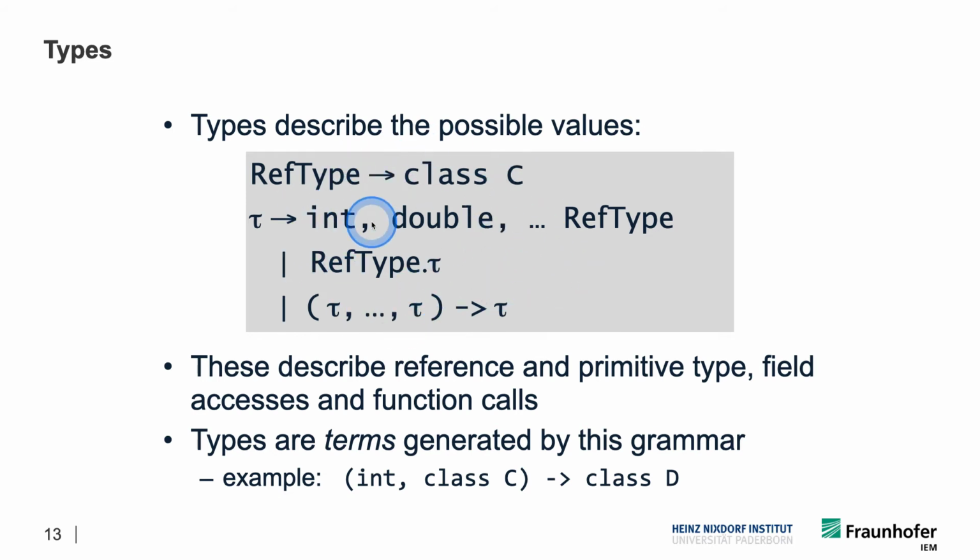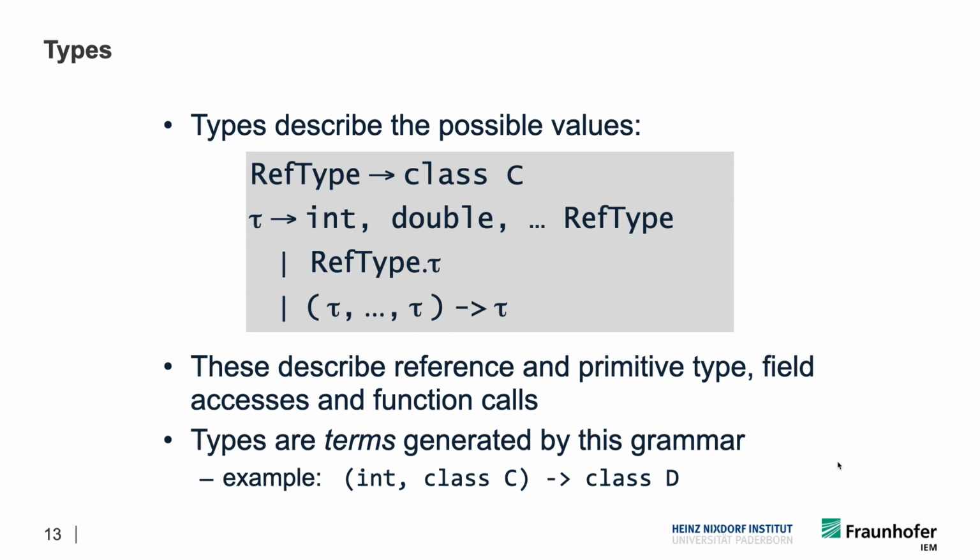So that's essentially a context-free grammar, and out of this you can generate appropriate terms, and these terms then denote concrete types. So this would be one particular example instance here, right? So we have this function type down here, and it has been instantiated with this tau being replaced by an int, the last one being replaced by a class type, and this one being replaced by another class type.